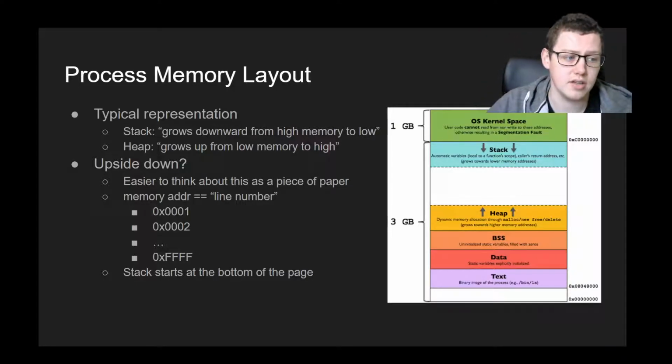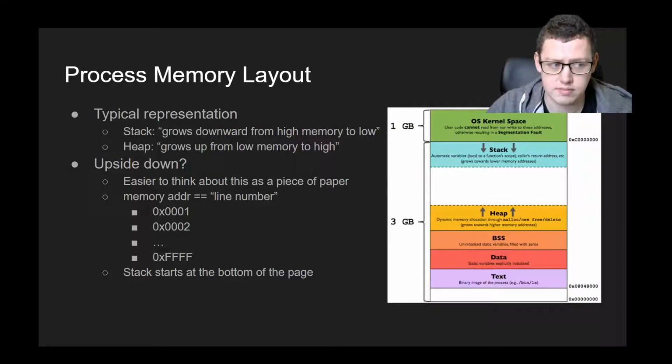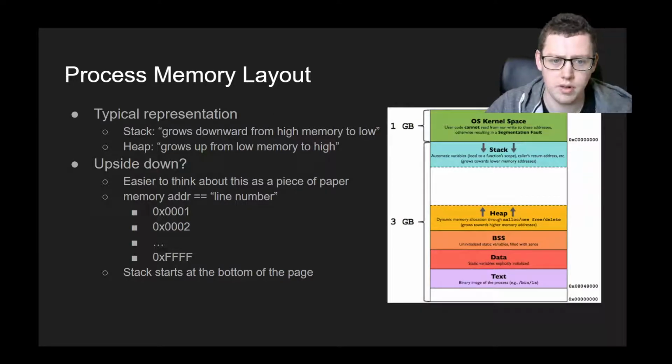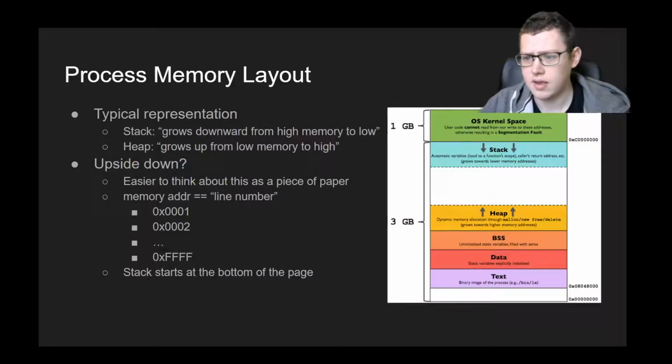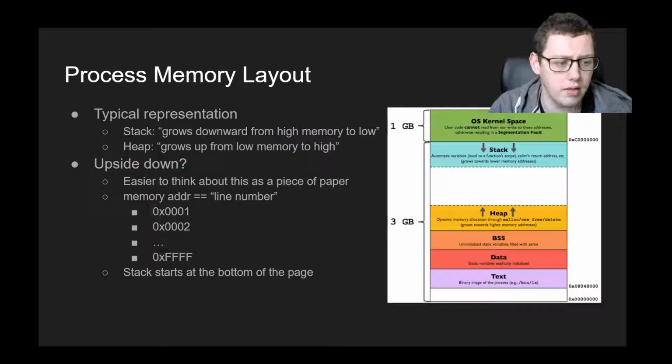As the stack actually starts at the high memory addresses, the stack will actually grow downwards. This is a typical way that this gets explained conceptually. The heap grows the other way, so they kind of grow towards each other.